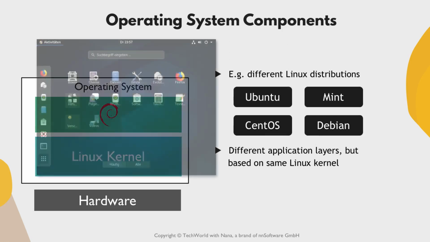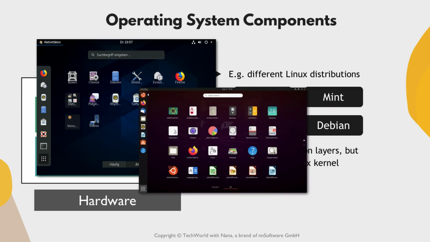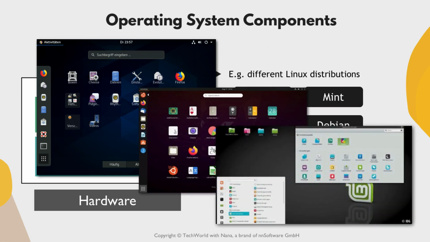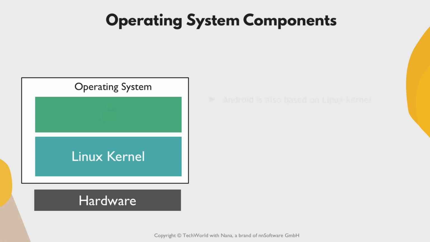So for example, they have different color themes, different icons, the graphical user interface looks different, and also they have different applications packaged inside the distribution, like different application managers, different programming languages, as well as different command line interfaces, compilers, etc.